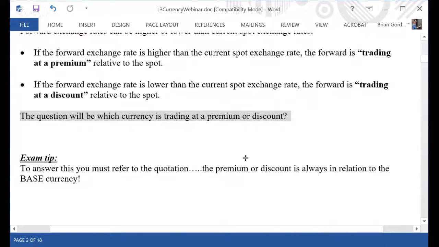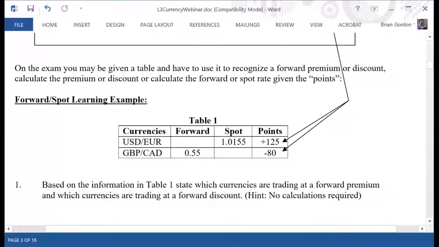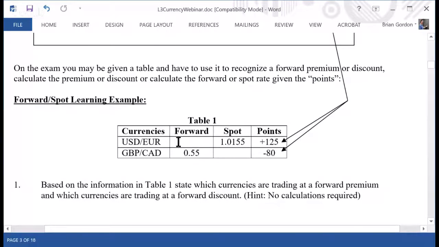From our learning example, I've got a currency pair of US dollars per euro, and we can see right away from the points whether the currency is trading at a premium or at a discount. These points refer to the base currency.